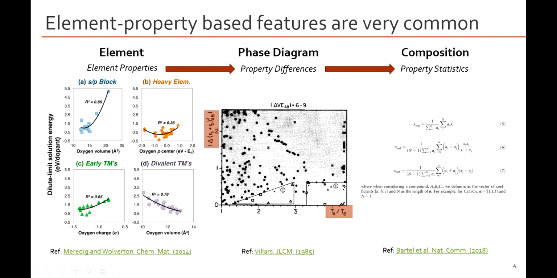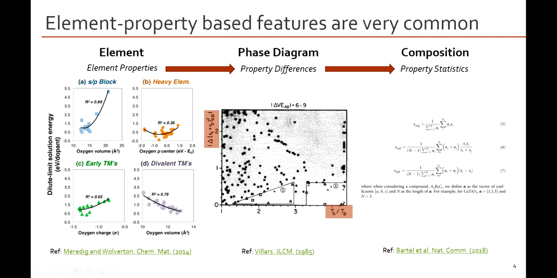Different kinds of elemental properties are important for other kinds of elements. But at the end of the day, it's really those single element properties that can be used to predict the overall behavior.